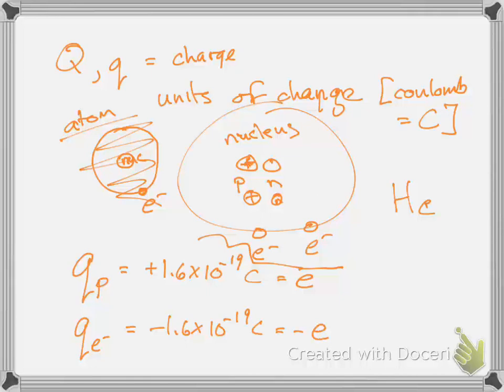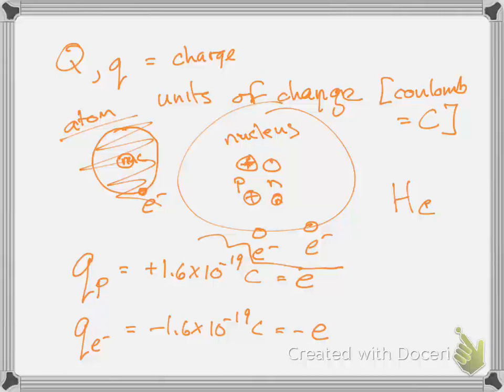So don't get confused between this e minus thing that indicates an electron versus the fundamental unit of charge e. In any case, you won't let yourself get confused. If you're thinking fundamental charges, we know that the fundamental unit of charge is plus 1.6 times 10 to the minus 19th coulombs. And if it's a negative charge, it's negative 1.6 times 10 to the minus 19th coulombs. So we should know from the context whether we put a plus or a minus sign in there.